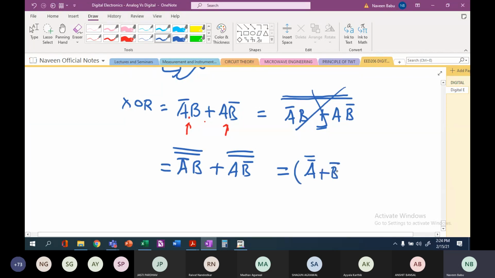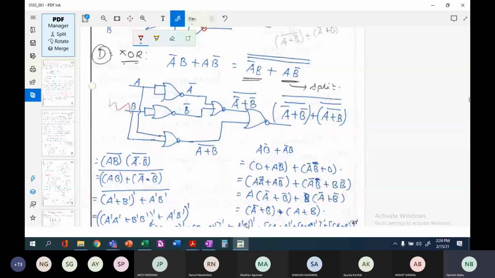B bar plus A bar plus B. It will become. Any doubt in this? Right? Still, this is an OR operation. So if you want to convert this into an OR operation, all you need to do is create double bar. Okay, so this will become implementing using a NOR gate. So that is how you do it.